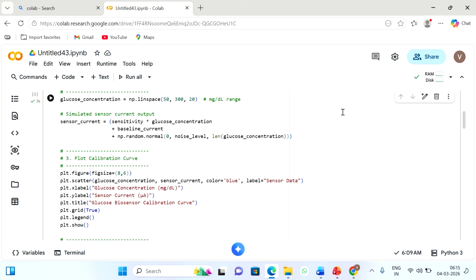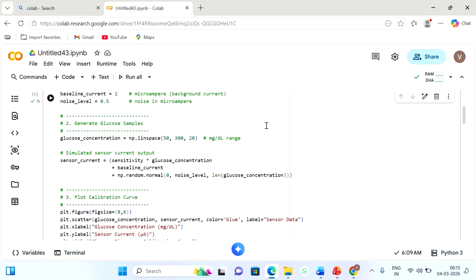This creates 20 glucose values between 50 mg per dl, which is low, and 300 mg per dl, which is high. This simulates lab calibration samples, and then the sensor current simulation.